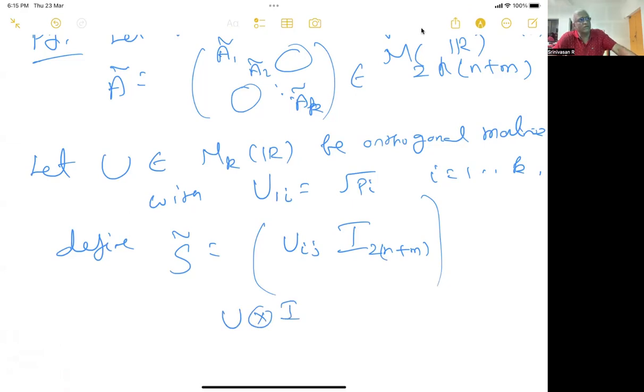This is a matrix in M_k tensor M_{2(n+m)}, and you can identify this with M_{2k(n+m)}.